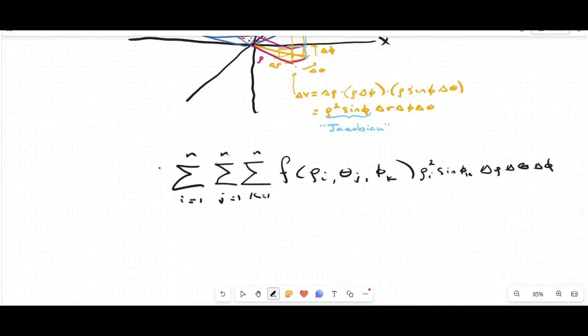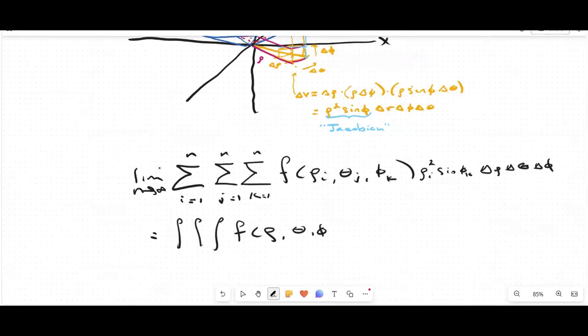And if we put a limit on this, as n goes to infinity, this becomes a triple integral. There's going to be bounds on everything, but we're going to be integrating not just rho theta phi, but rho theta phi times rho squared sine phi, d rho, d theta, d phi. Boom.